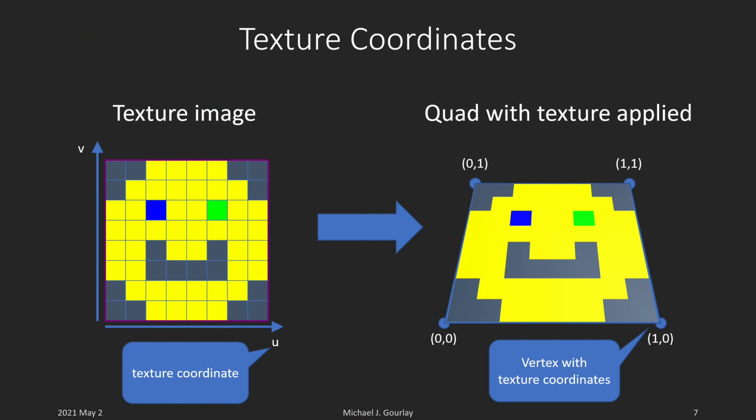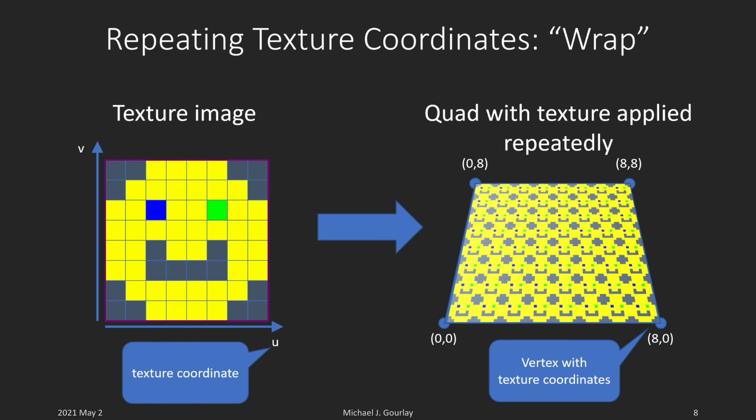Whereas simple texture coordinates u and v go from 0 to 1 in each direction, this geometry on the right uses texture coordinates outside 0 to 1 in each direction. We tell the renderer to interpret texture coordinates outside 0 to 1 to wrap to inside 0 to 1. This is called wrap addressing.